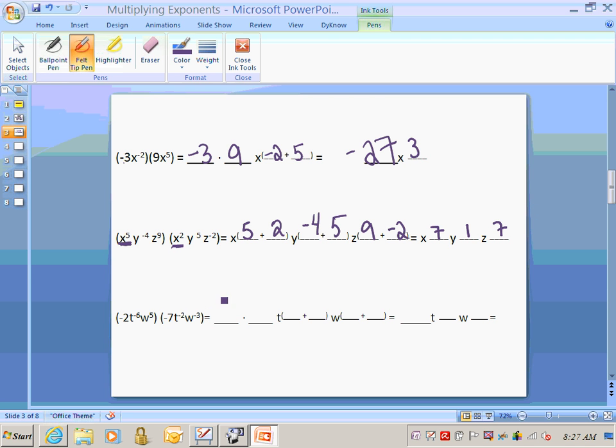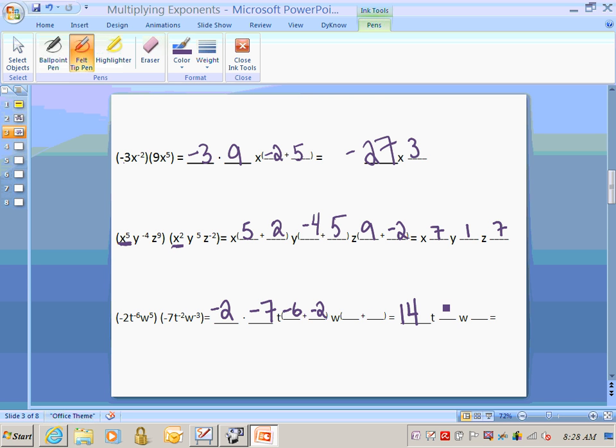Okay, what's going to go in this blank here? Good, negative 2 times negative 7. So that answer is going to be 14, good. My t's, I have t times t, so I have t to the negative 6 and negative 2.